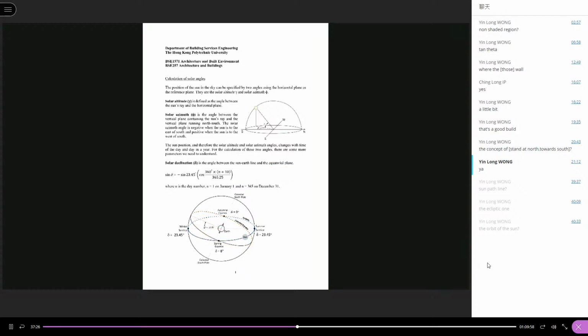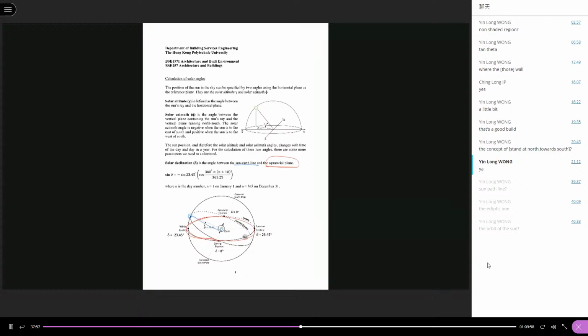So here, this equatorial plane should mean the plane containing the orbit of the Earth around the Sun. So this equatorial plane should be this plane, the plane containing the Earth orbit around the Sun. And the Sun-Earth line will be the line joining the Sun and the Earth.